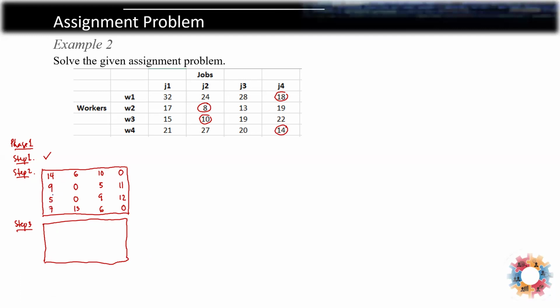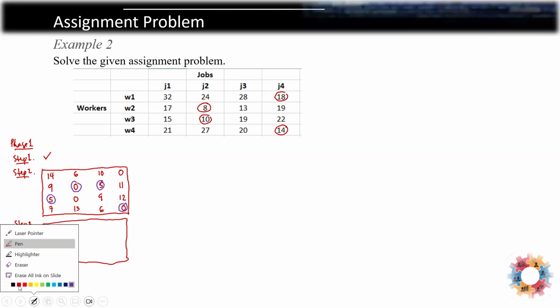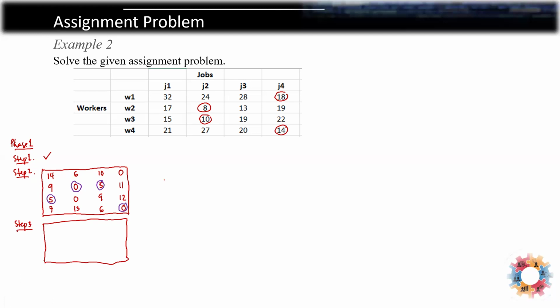So here we have 5 as the smallest. Here we have 0, so any of the 2 zeros can be selected. Then we have 5, then we have zeros. Any of the 2 zeros can be selected again. And what we'll do is subtract each entry in that column by that smallest number.